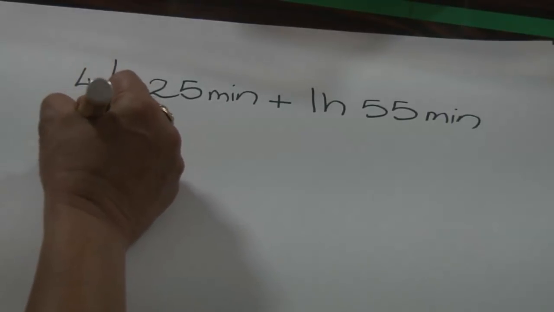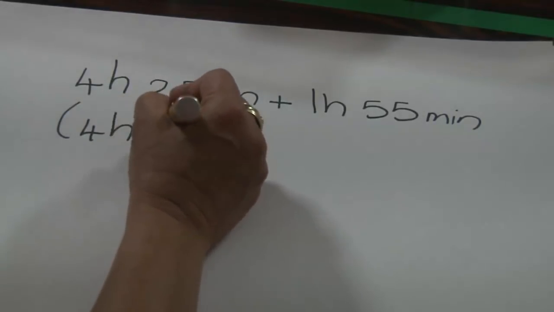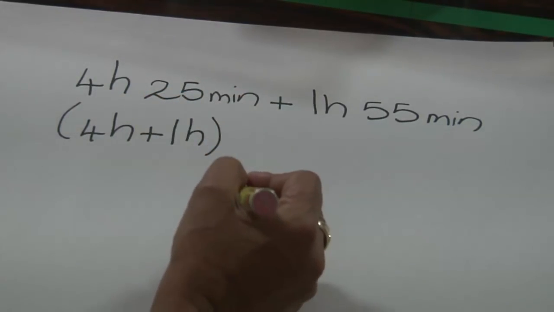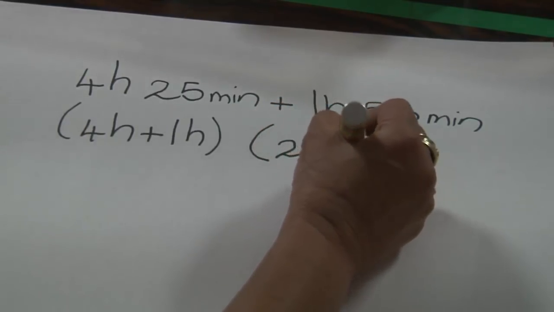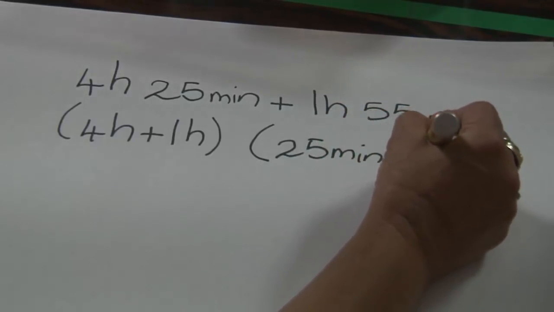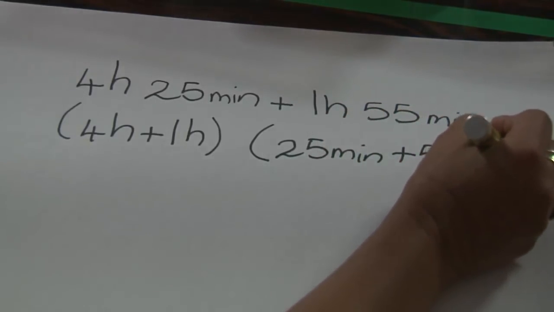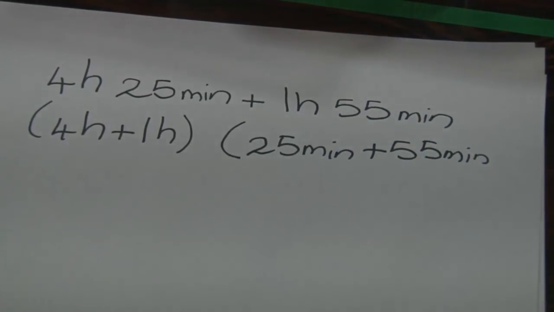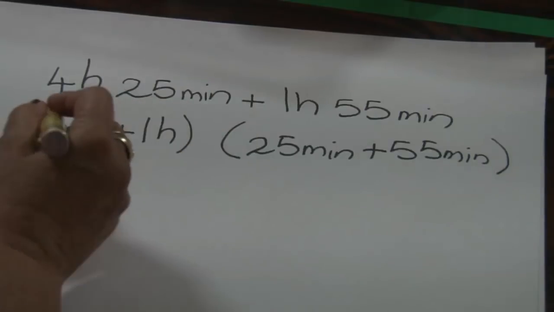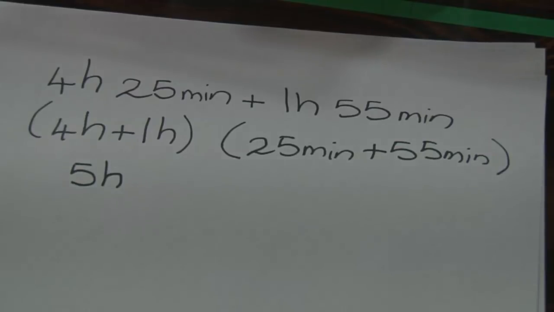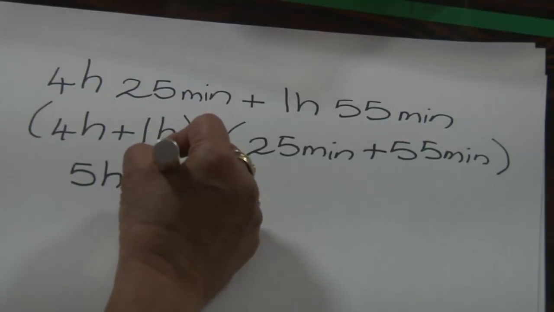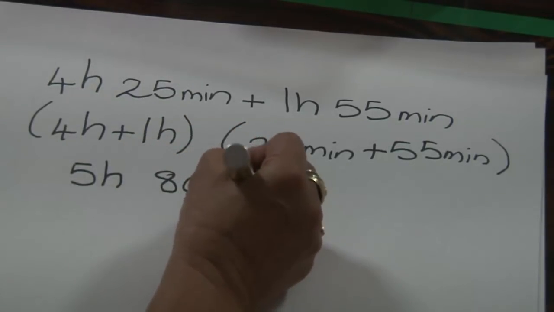How do I go about it? I first add my hours, 4 hours plus 1 hour. So I group my hours together and I group my minutes together. I have 4 plus 1 hour, which will give me 5 hours. 25 plus 55 minutes gives me 80 minutes.